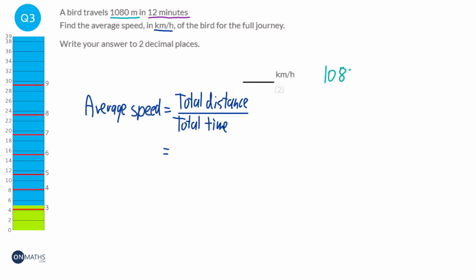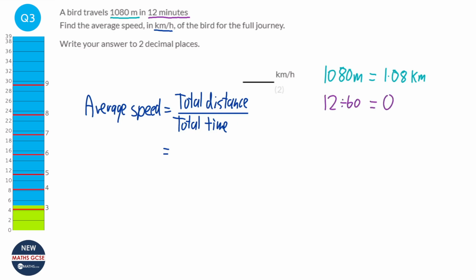So 1080 meters is going to be 1.08 kilometers because there are 1,000 meters in a kilometer. So all we need to do is just divide the meters by 1,000. Minutes are a little bit trickier. To get from minutes to hours, all we need to do is divide by 60.